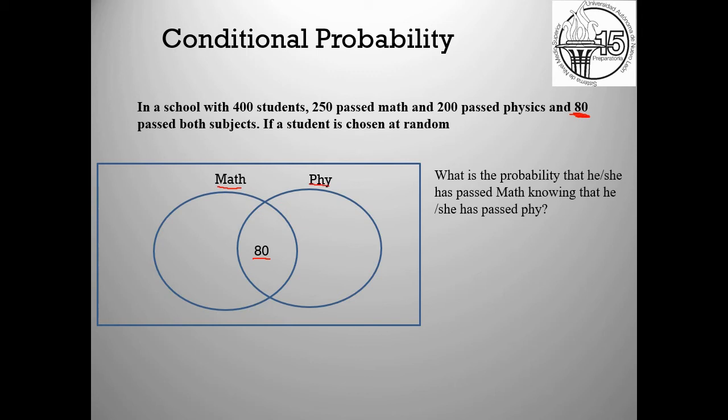In this case, we will start with the people that pass physics. We already have 80 students. We need to complete 200. So we place 120 plus 80. We will get 200 students that pass physics.